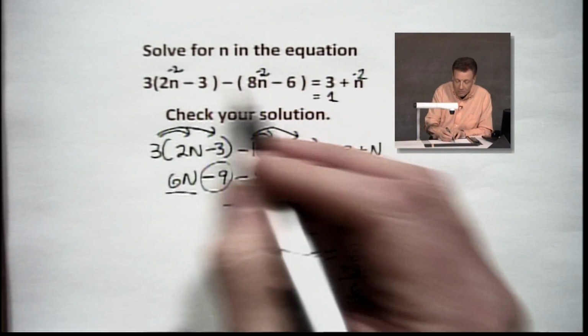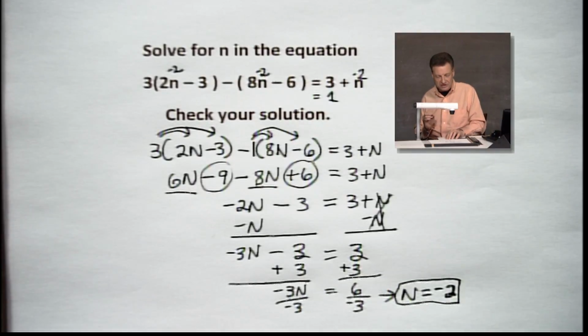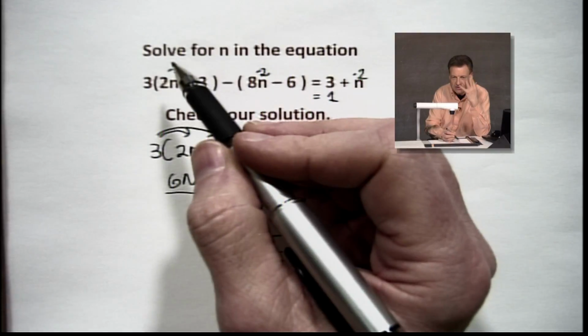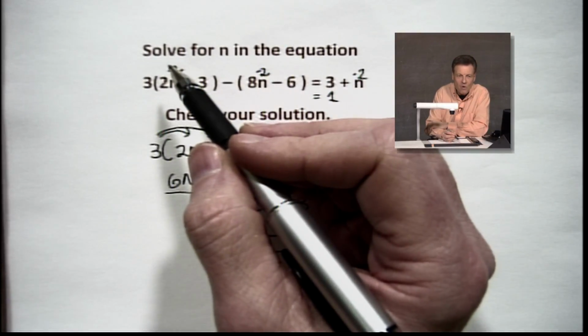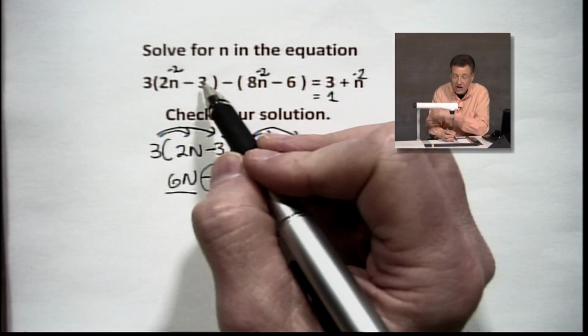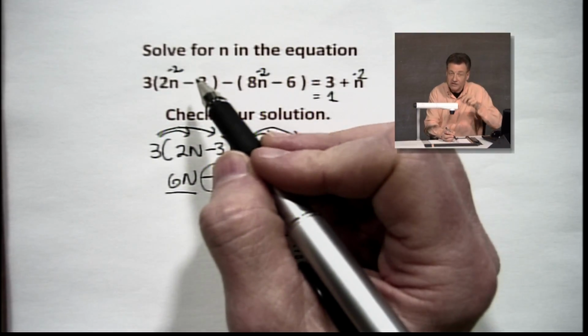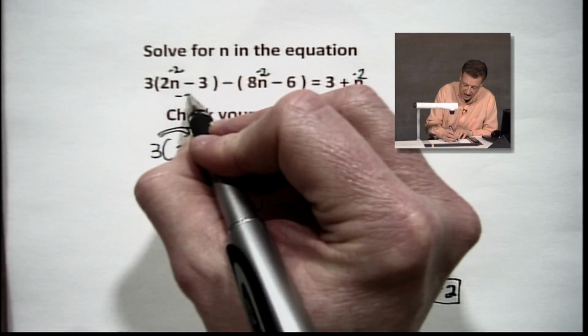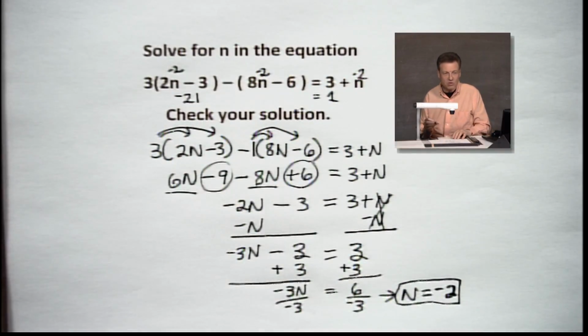So I'm going to hope that I get 1 out of these little parentheses things here. Let's just take them step by step. 2 times -2, think with me, that's a -4, and we're going to subtract the 3. So we got a -4 subtracting 3. That's a -7. Triple it. We get -21, and we're almost home free.